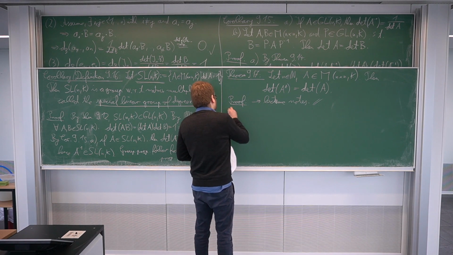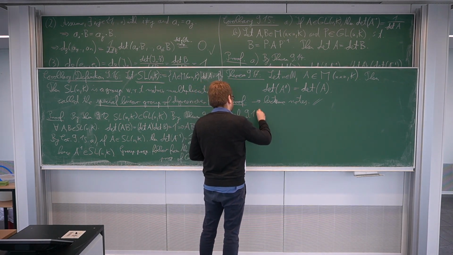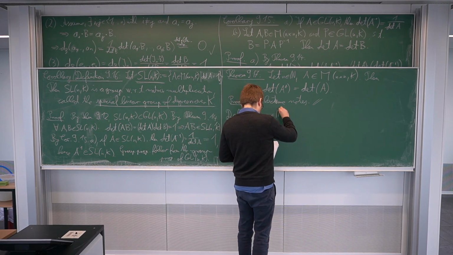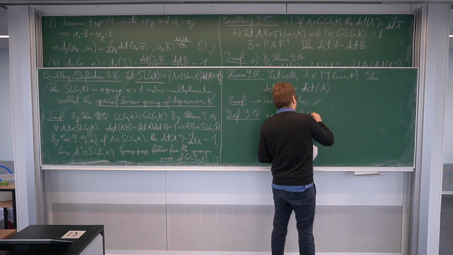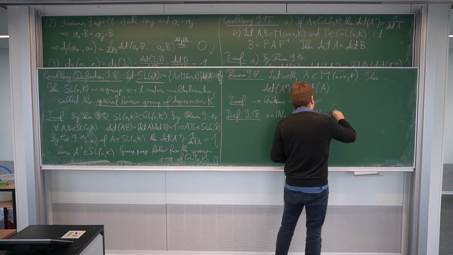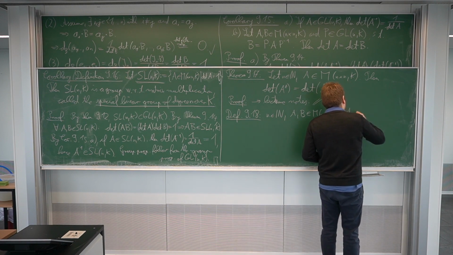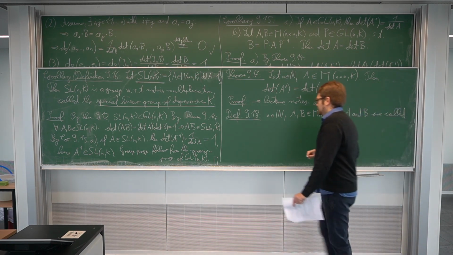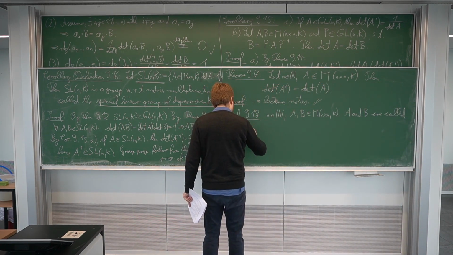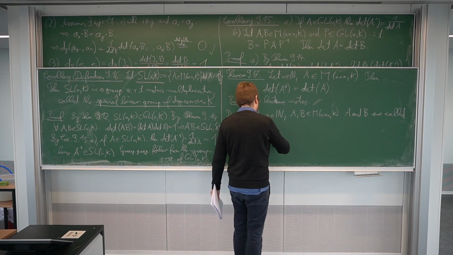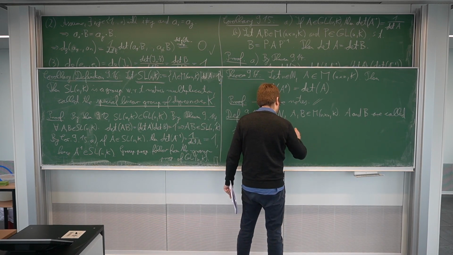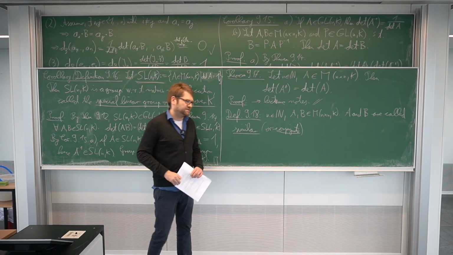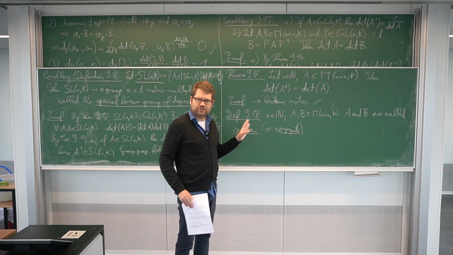Namely, first of all, a definition, some new terminology, Definition 9.18. The following: let n be in N and let A, B be quadratic matrices, n by n matrices. A and B are called similar. It depends on the book, some also call them conjugate, but I prefer the term similar because later on we will see also complex matrices, and there it's easy to be mixed up with complex conjugation.